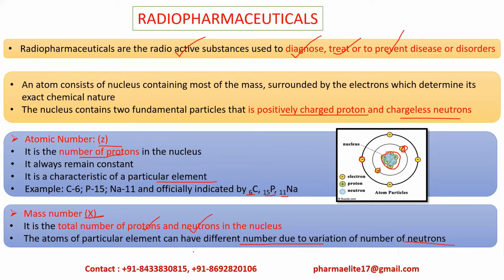For example, here we have taken the example of carbon. Carbon can have mass number 12, and 13 also, right? This variation in mass number is due to the variation in the number of neutrons. That's why the same element can have different mass numbers.